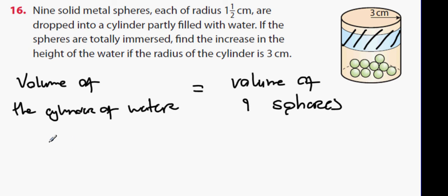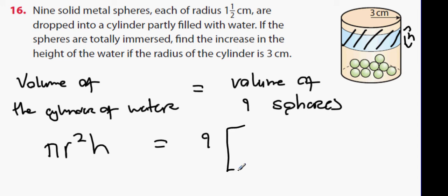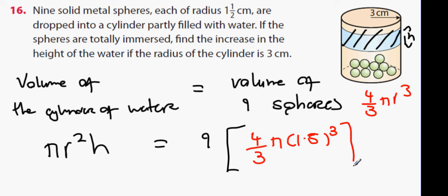The volume of the cylinder of water is given to you by the formula pi r squared h, where this part here is h. It equals 9 multiplied by, now the volume of a sphere is 4 over 3 pi r cubed. We want 9 of them. 4 over 3 pi multiplied by 1.5 cubed.